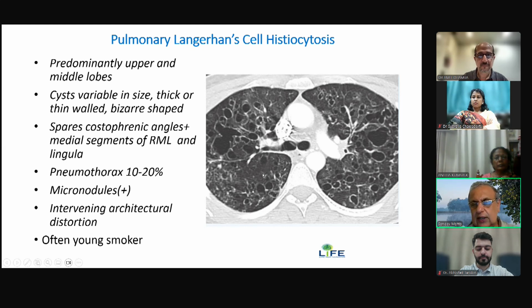So if you look at the overall picture, it is a younger individual who is male and a smoker, having variously shaped cysts, you can see this cyst versus this cyst versus this cyst, slightly thicker-walled, bizarre-shaped cysts, and the presence of emphysema and micronodules and interstitial architectural distortion, which is a hallmark never seen in LAM.